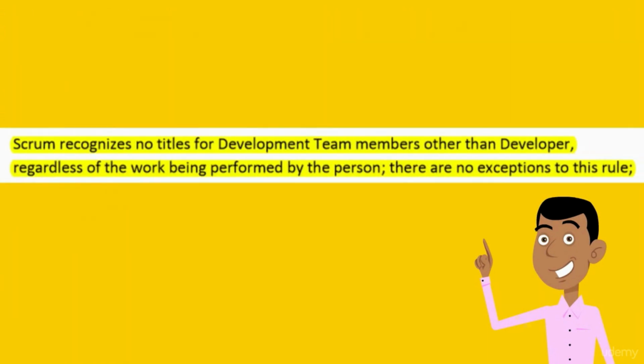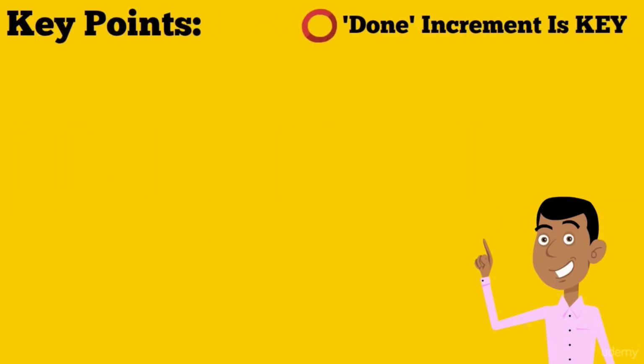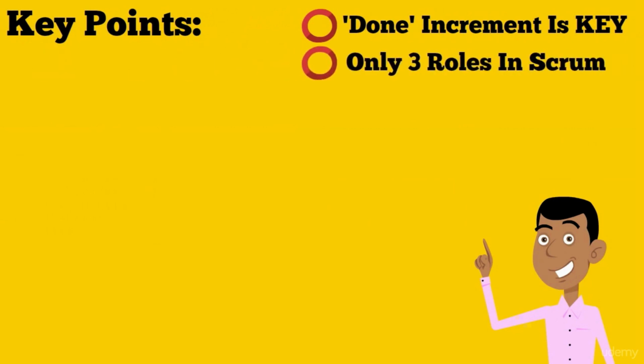So Scrum recognizes no titles for the development team members other than developer, regardless of the work being performed by the person, and there are no exceptions to this rule. I thought I'd highlight that because, first of all, I want to draw your attention to what Ted was saying in the video, which is that there are 3 and only 3 roles in Scrum, and one of them is the development team.